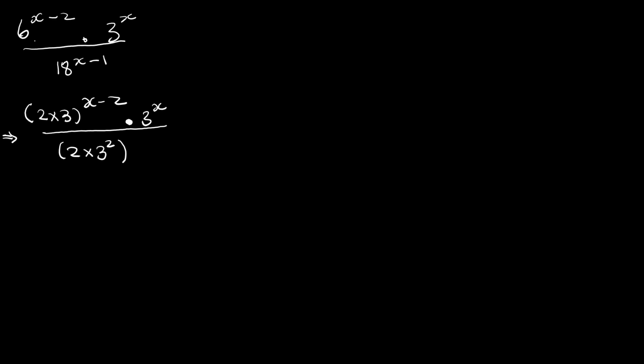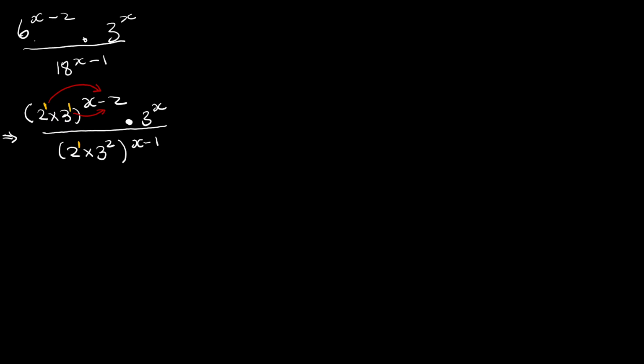So the 2 times 3 squared is to the power what? x minus 1. When you are done, one thing I don't want you to forget is that this 2 is to the power 1, this 3 is to the power 1, this 2 is to the power 1. So now we need to multiply out the exponents. Please don't make a mistake. Remember, the 1 will multiply that, and also this 1 will multiply that.